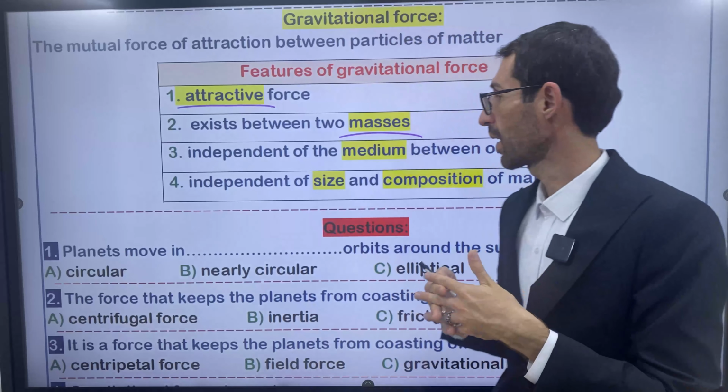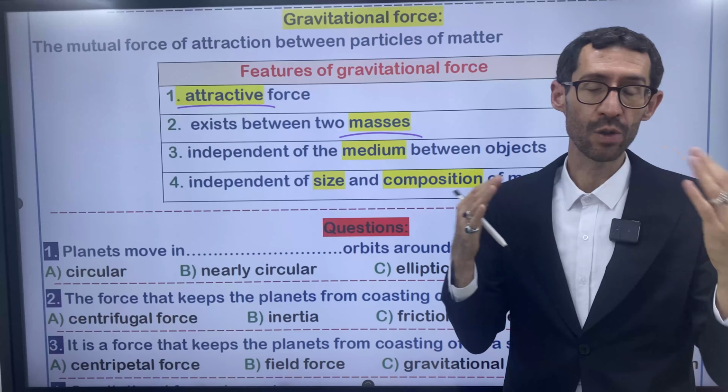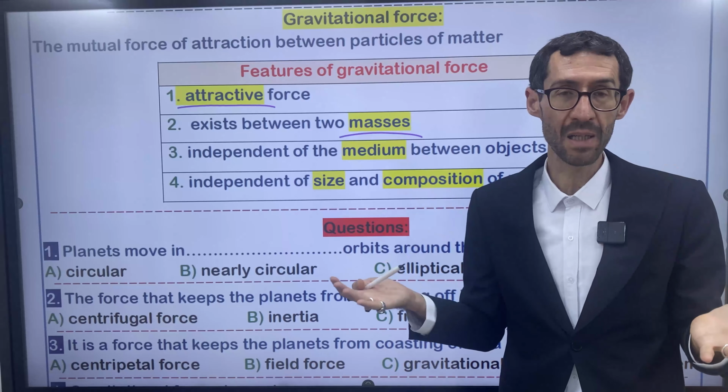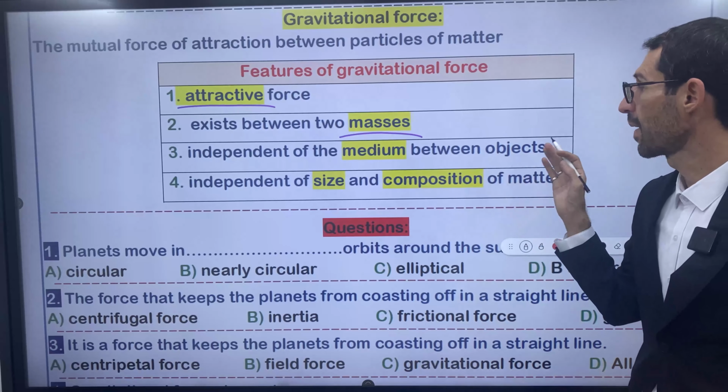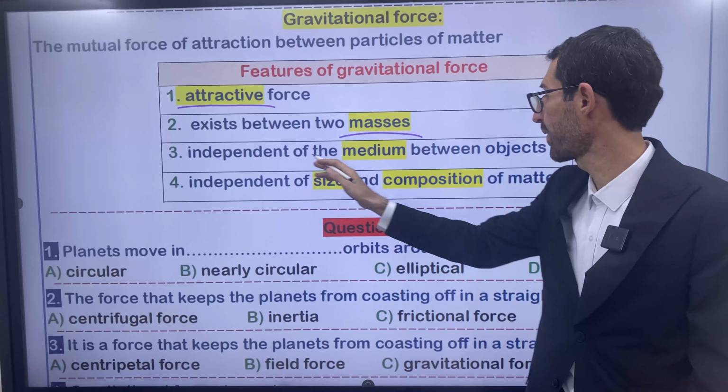That's why, irrespective of the medium, gravitational force exists between any two objects in the universe. That's about the third one.